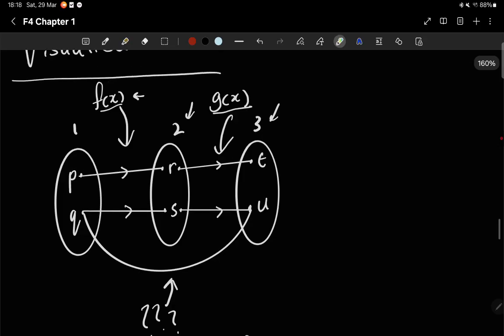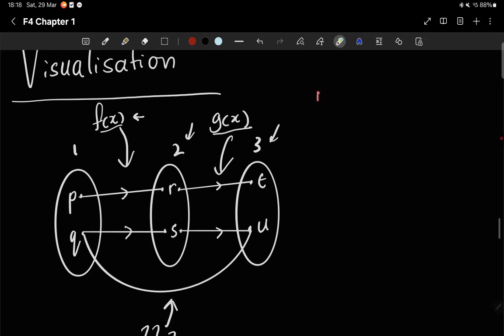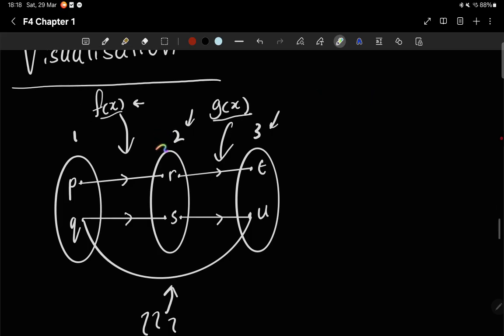Okay, so let's try to think: what is a composite function? Well, a composite function is basically a combination of two functions.